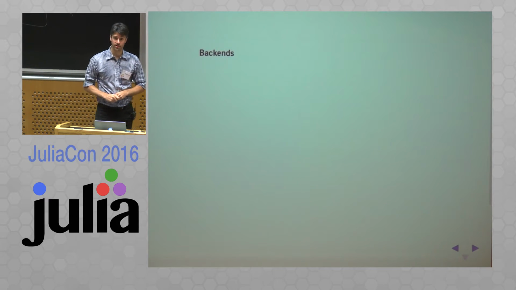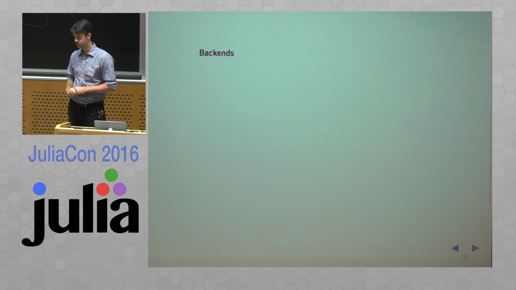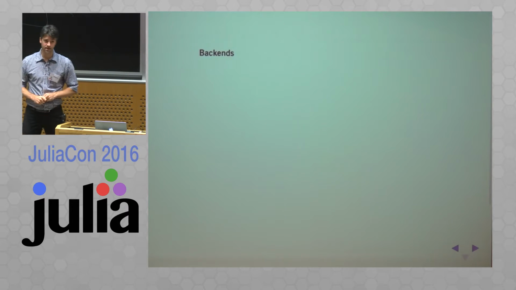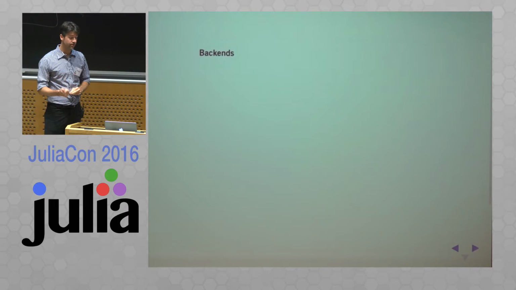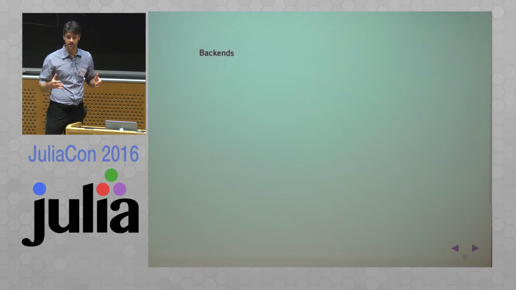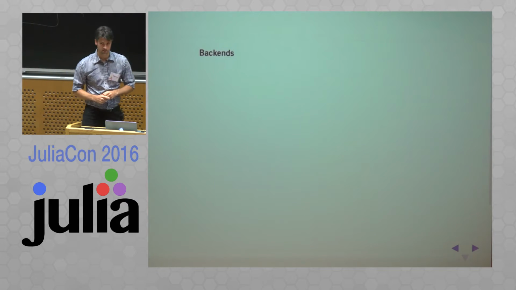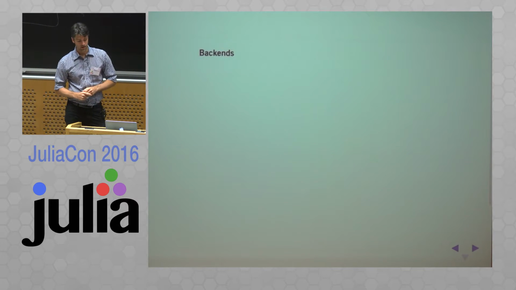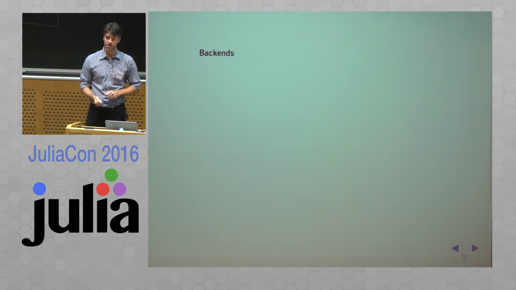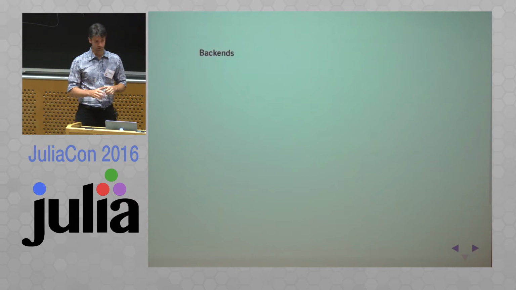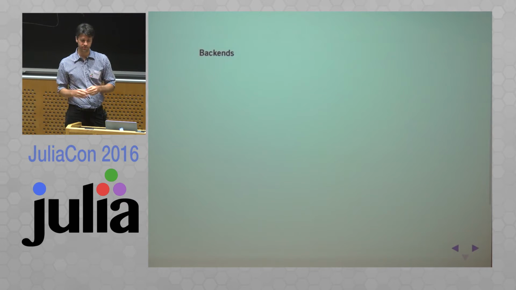Plotly is also really great. It's got really great interactive features, and you can interact with it in an IJulia notebook, which is really great. And in addition, there's PlotlyJS, which are 2 separate backends but share a lot of the same code.